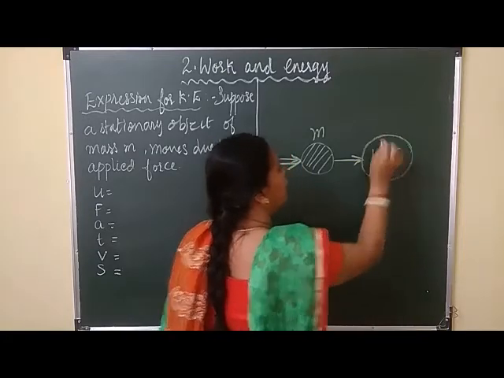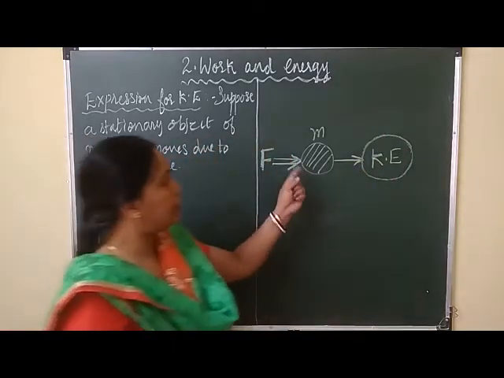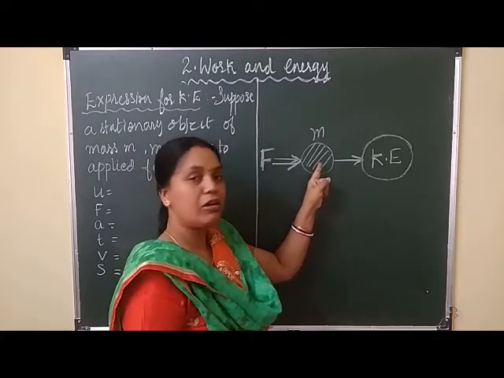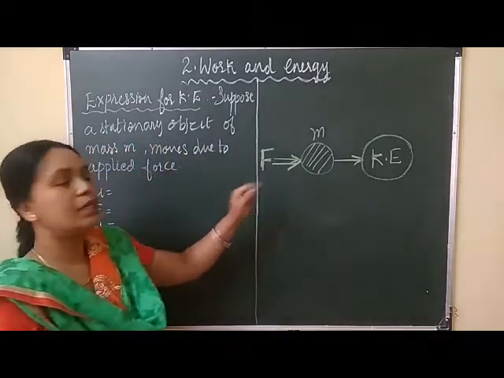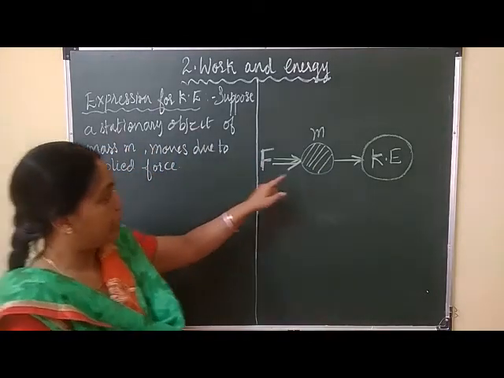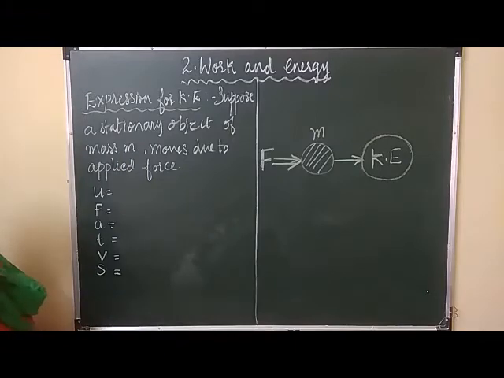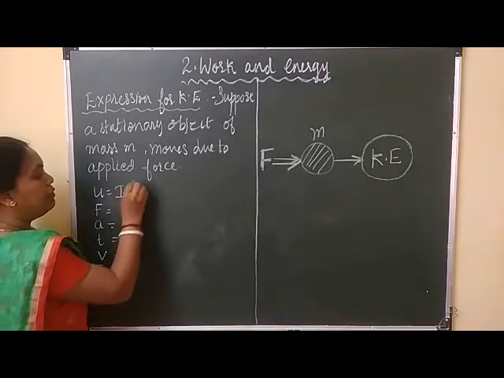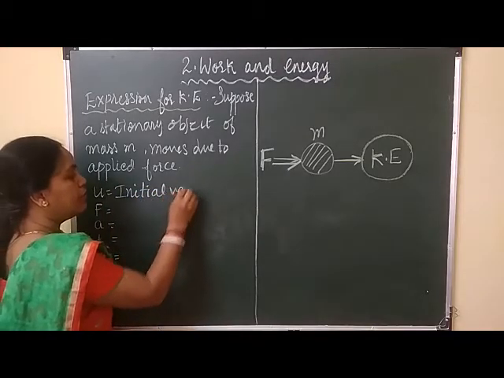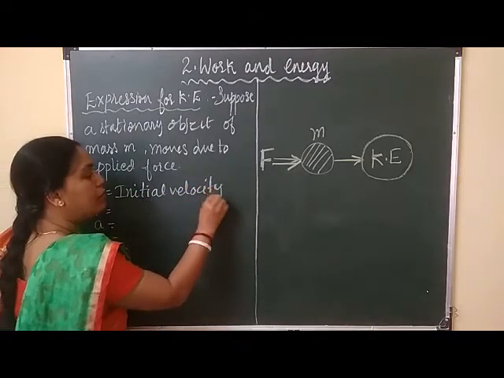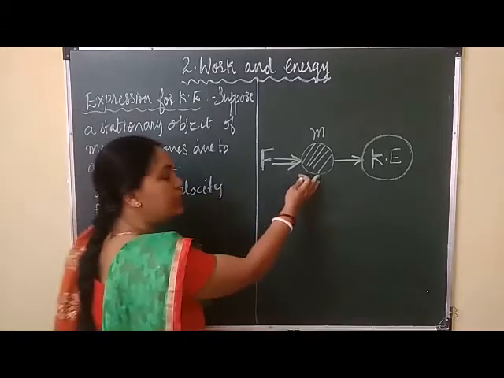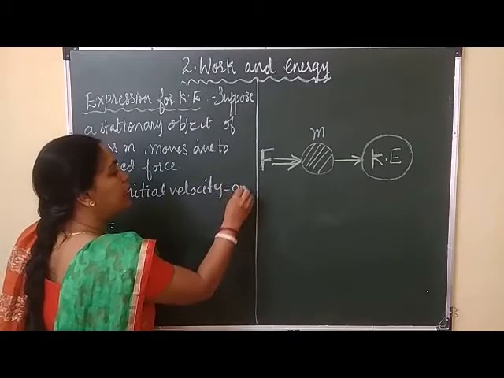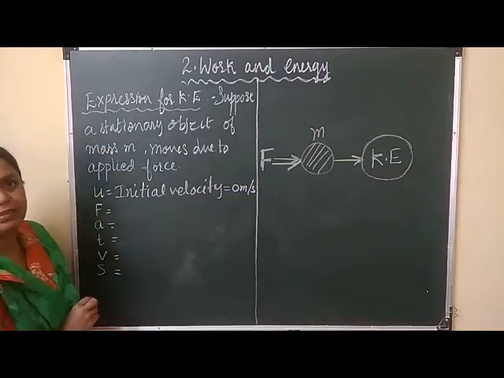We have to find the kinetic energy obtained by this stationary object when force is applied on it. For that we have to know u is the symbol for initial velocity of the object. What is the initial velocity in the beginning? It is 0 meter per second.